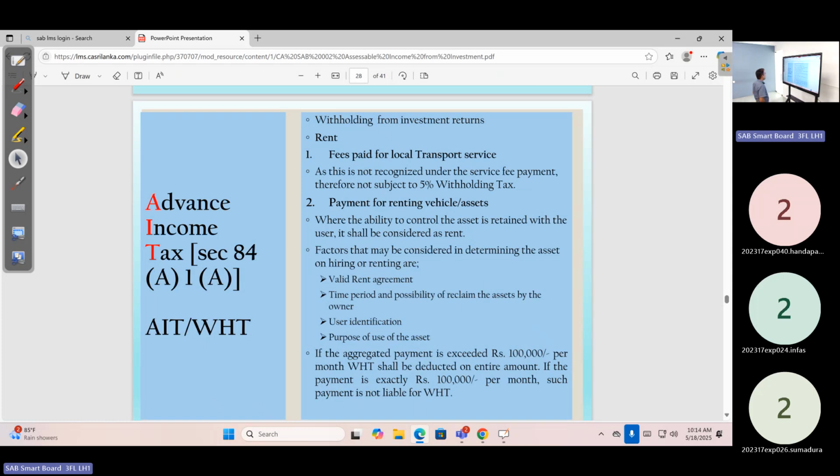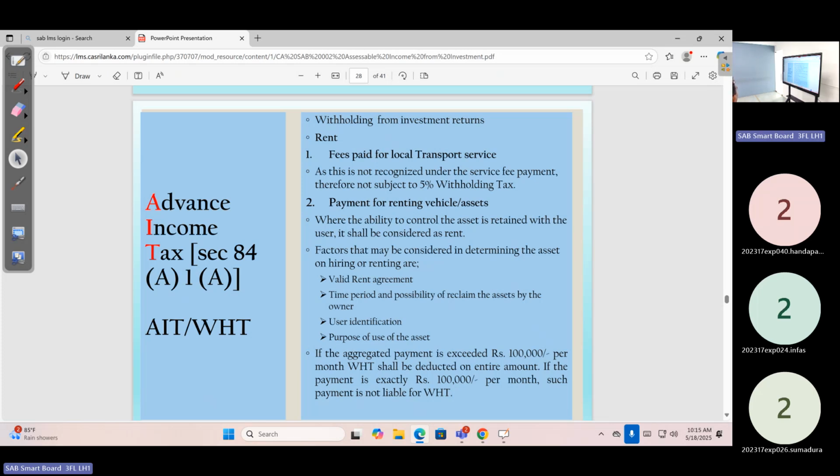It says fee paid for local transportation service. As this is not recognized under service fee payment, it is not subject to 5% withholding tax. That is transportation services. Transportation service is not subject to withholding.